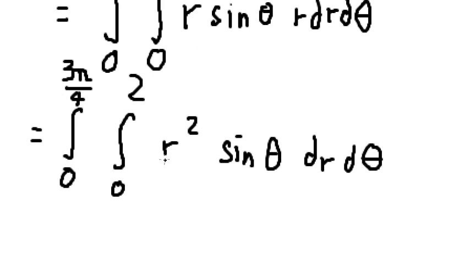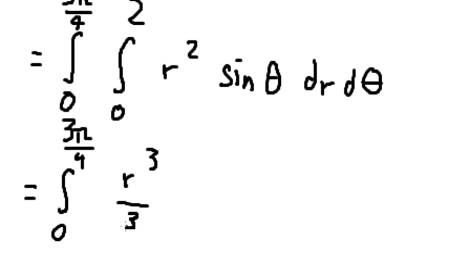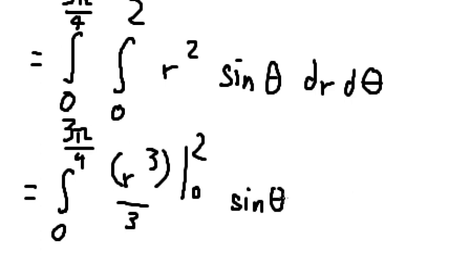The integration of r squared, we have r to the power of 3 over 3, and we put the bounds from 0 to number 2, and we have sine theta d theta.